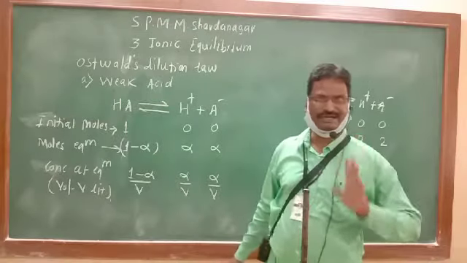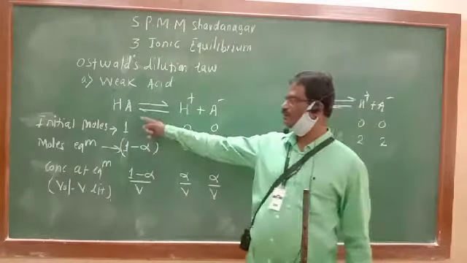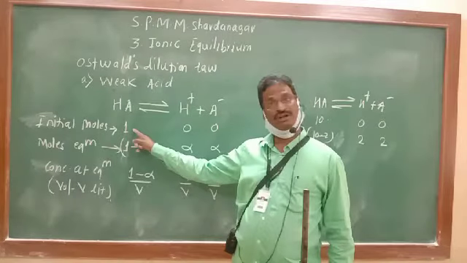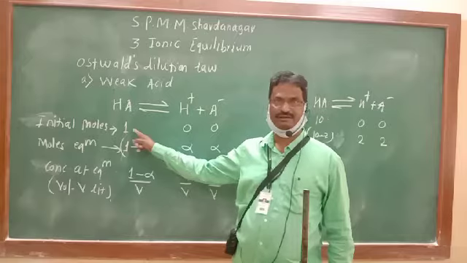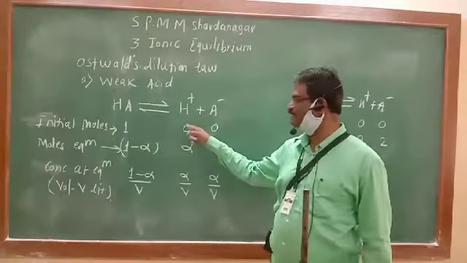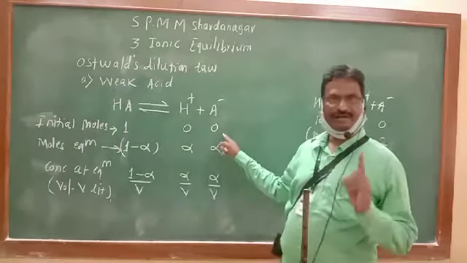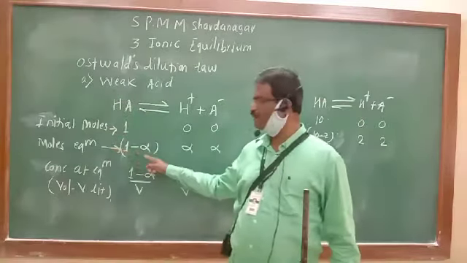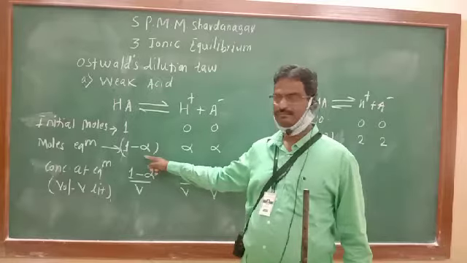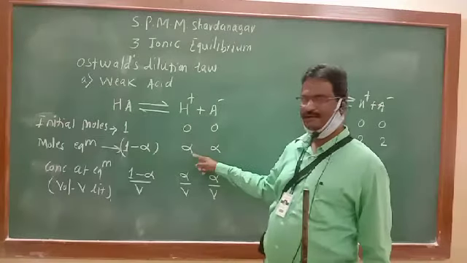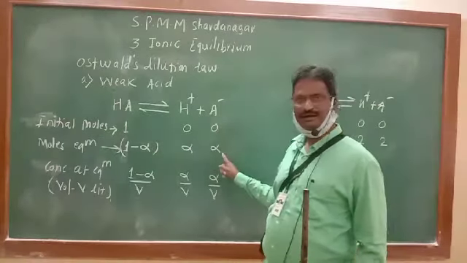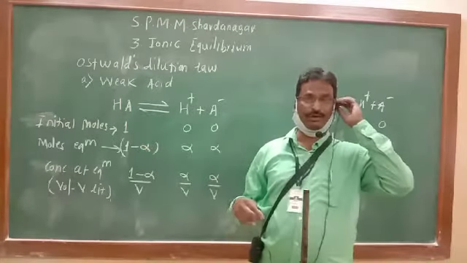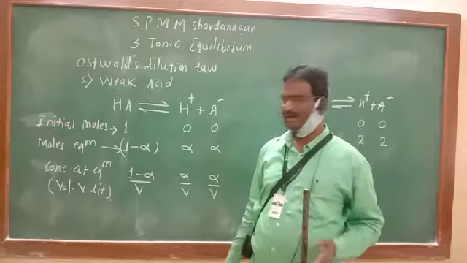So let us see it once again. Let us consider 1 mole of weak acid initially taken. Only reactant is present at start. So products H plus and A minus are 0 and 0. At equilibrium, number of moles of HA will be 1 minus alpha. That of H plus is alpha, A minus is alpha, because out of 1 mole, alpha moles will undergo dissociation.